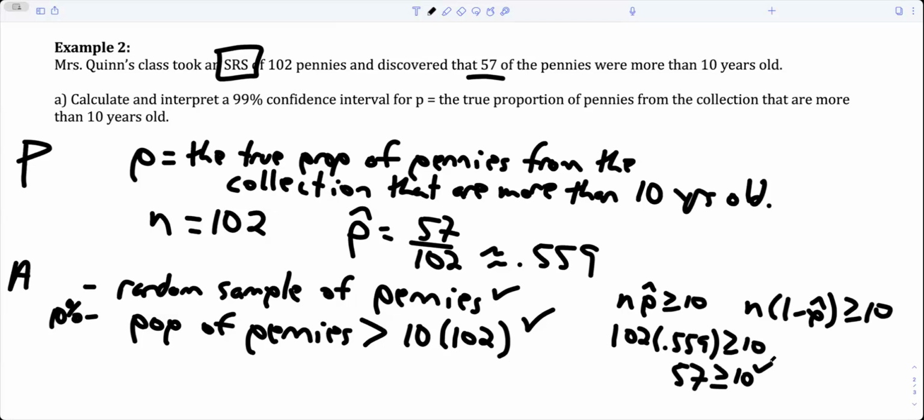And then 102 minus 57 gives me 45. So 102 times 1 minus 0.559 will also be greater than or equal to 10, and it is. Okay, random sample, population of pennies greater than 10 times the sample, and then this is the large counts.